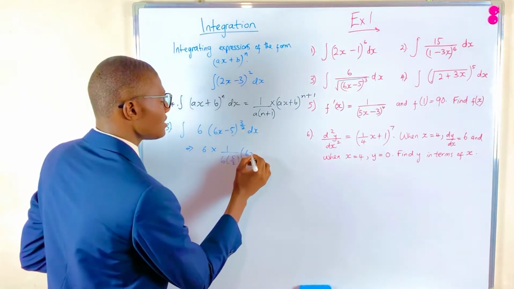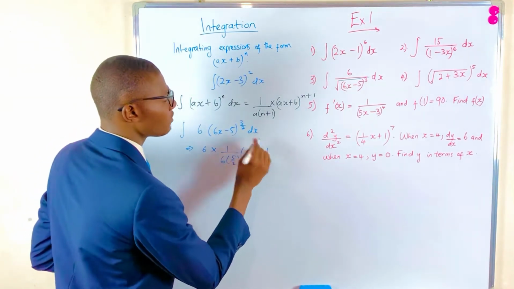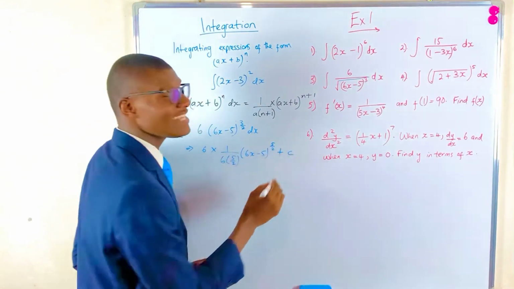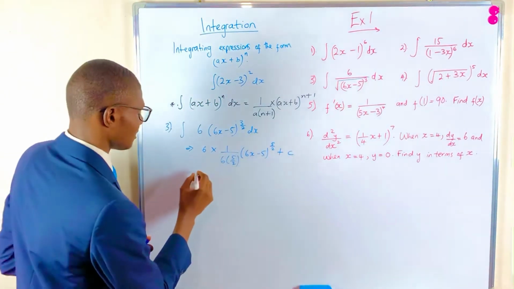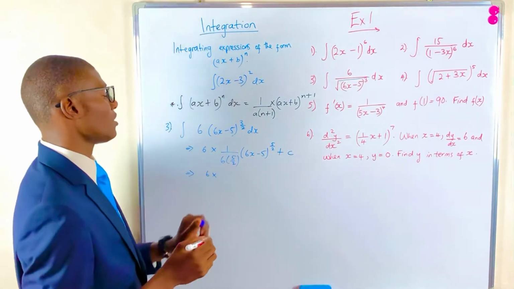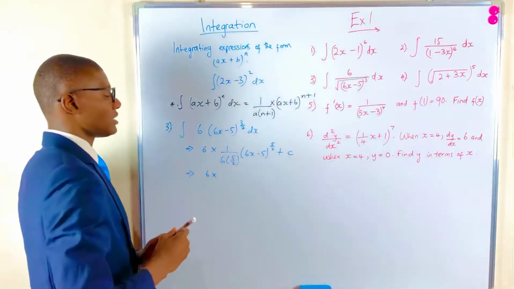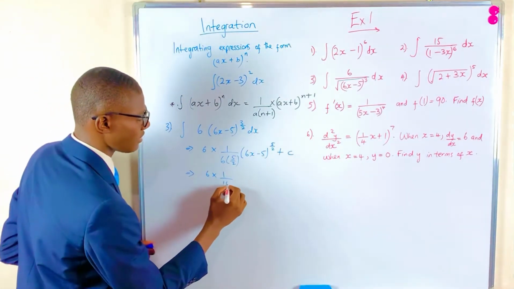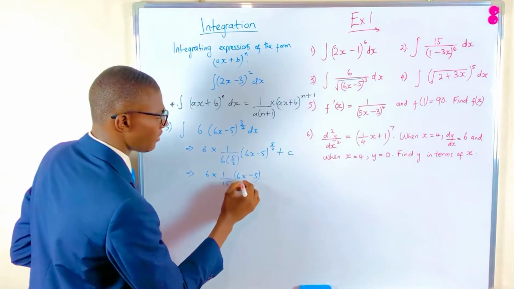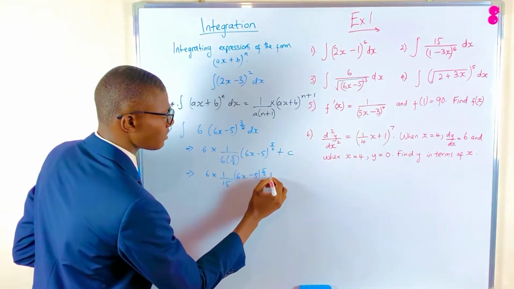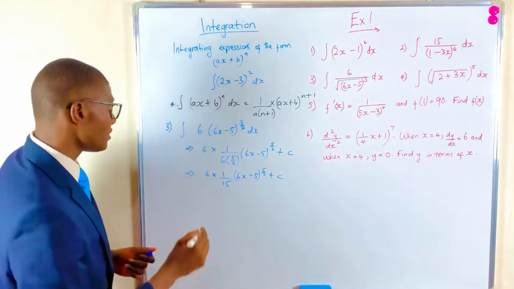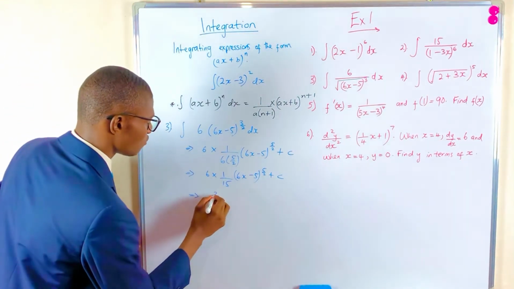Then times (6x - 5) to the power of 3 over 2 plus 1, that's 5 over 2, plus c being the constant of integration. And then we can further simplify to get 6 times 2 over 6 times 5, so 1 over 15 times (6x - 5) raised to the power of 5 over 2 plus c, constant of integration. 6 over 15, reducing that, will give us 2 over 5.